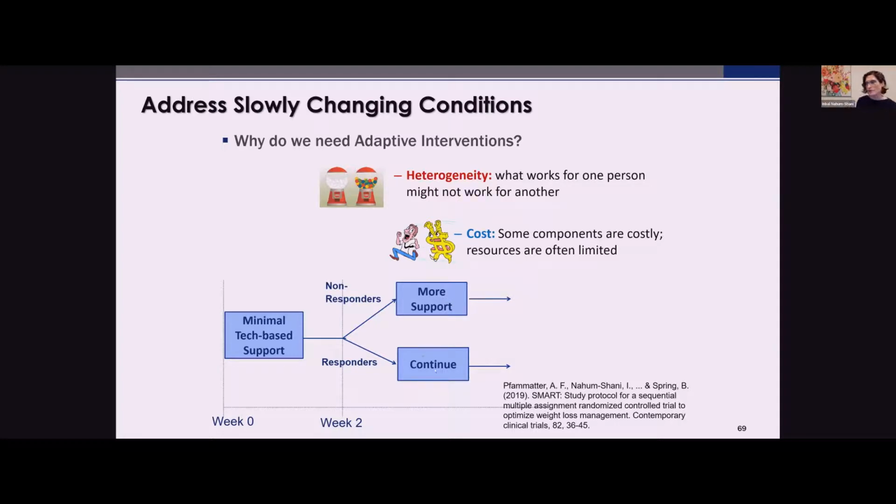Whereas participants who are doing okay with minimal support can just continue with the same initial intervention, or you can even tone down the intensity and the cost of the component, right? So the motivation here is to step up and down the cost and the intensity of intervention components, so ultimately we can achieve a more cost-effective and scalable intervention.